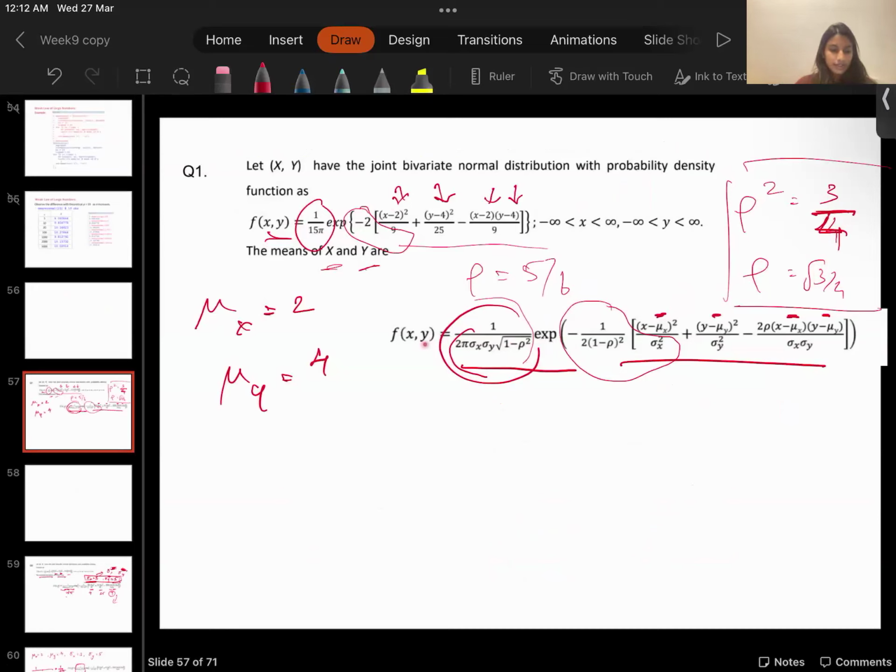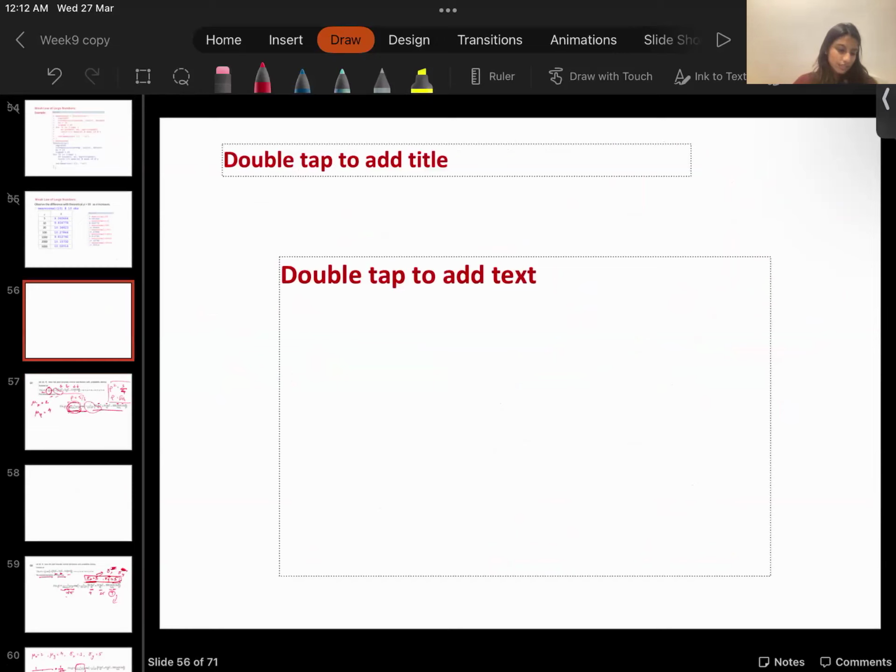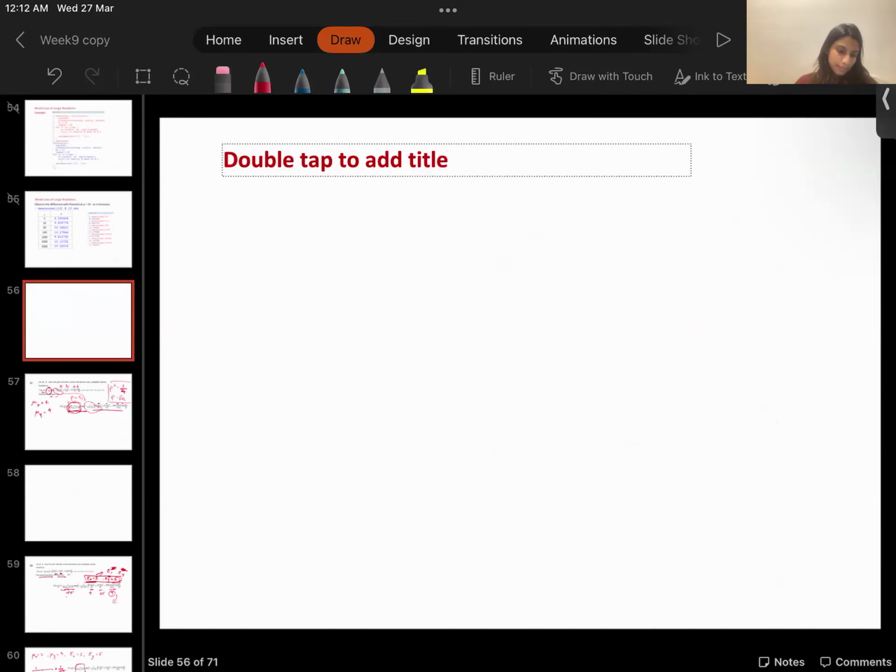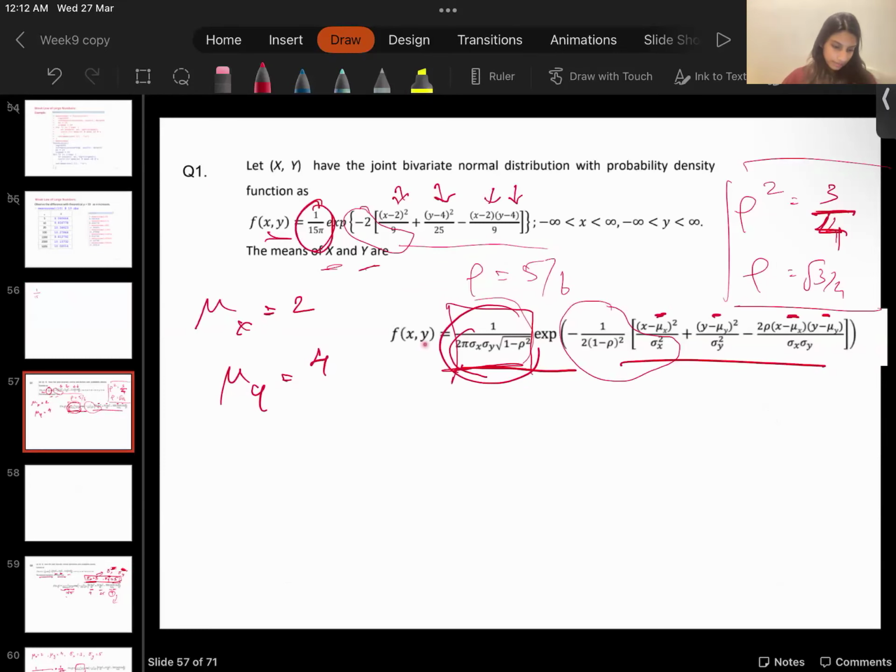So you look at this one term. Let's just look at this first term here. You can equate it to 1 by 15. But wait, let's do it the easier way. Which term has rho?